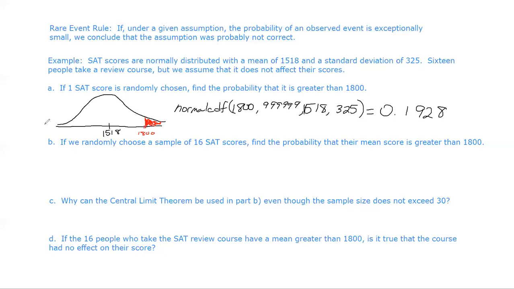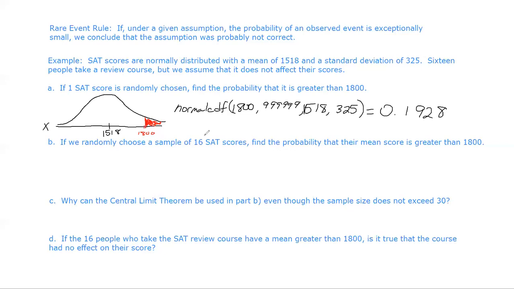Now, this horizontal axis represents SAT scores. For part B, this says if we were to randomly choose, so of all the people that took SAT scores during this time period, we're going to randomly choose a group of 16.